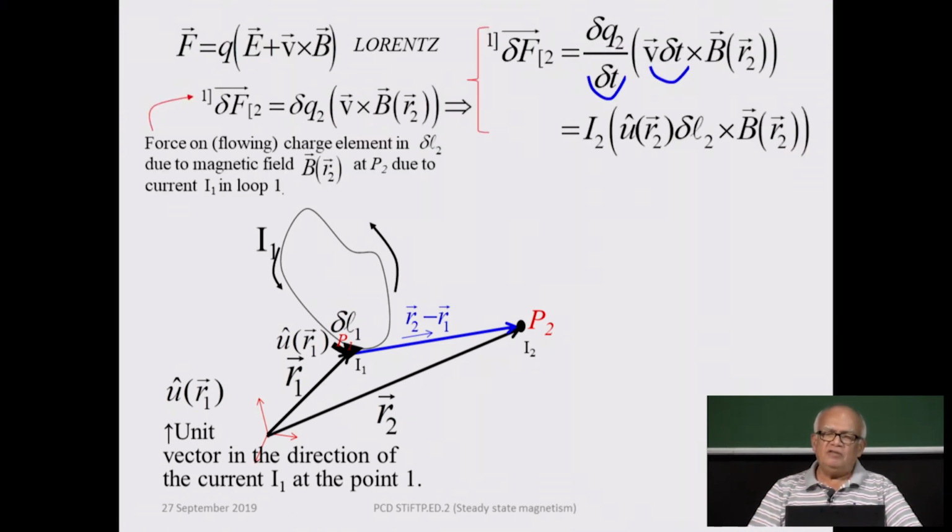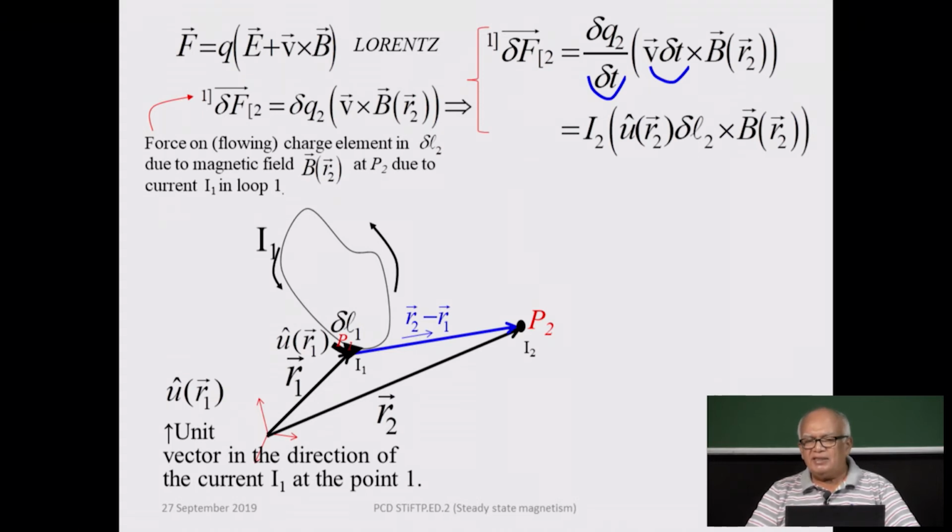And the force it will exert on a charge element delta Q at the field point R2 will be given by the Lorentz force law, which is delta Q into V cross B, but then you multiply and divide by delta T and pick up the current from delta Q by delta T in the first step, all right.